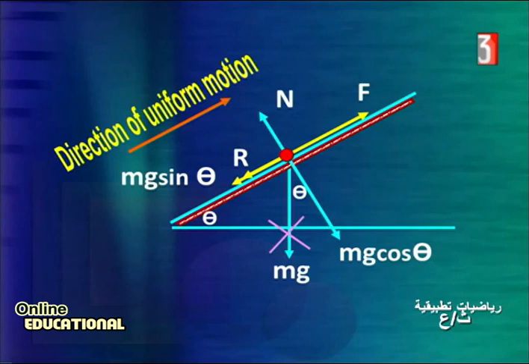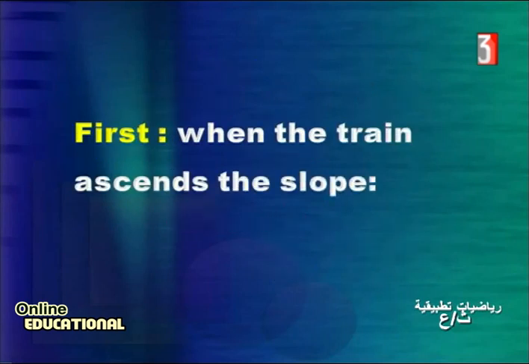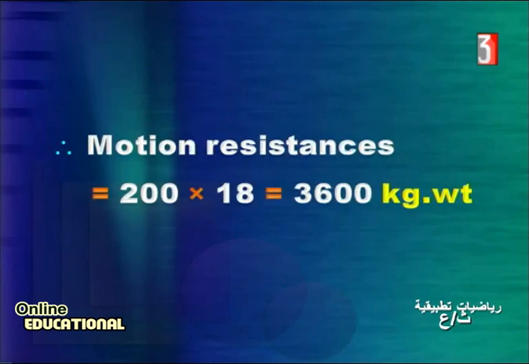When the train ascends the slope, the resistance is multiply 18 equals 3,600 kilogram weight, because we have a resistance of 18 kilogram weight per each ton of the mass, and the train mass equals 200 ton, then the total resistance equals 3,600 kilogram weight.